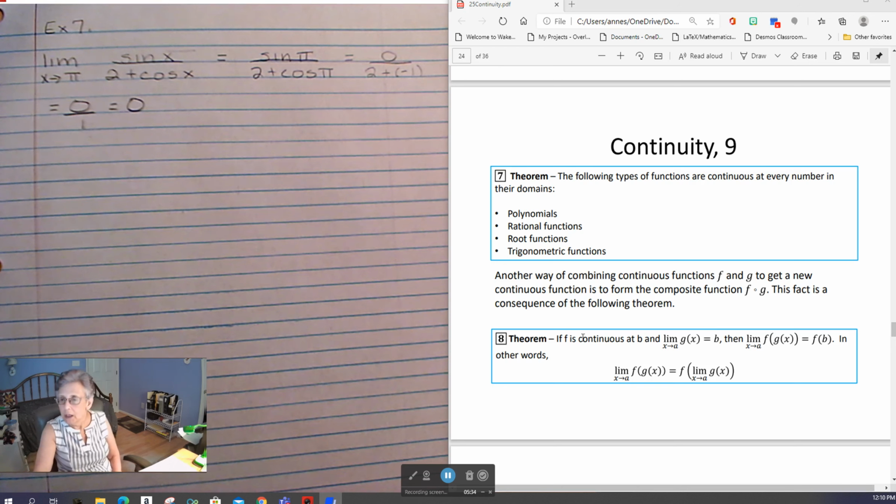So if f is continuous at b, and the limit as x approaches a of g of x is equal to b, then the limit as x approaches a of the composite function, f of g of x, is equal to f of b. In other words, we can take this little limit here and pull it inside the function value.